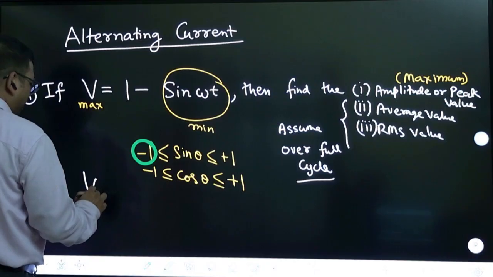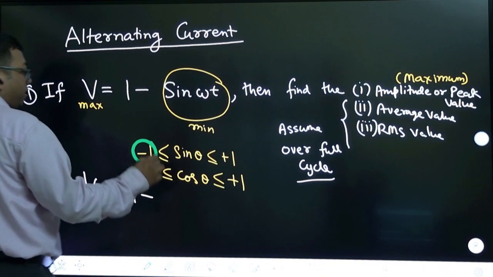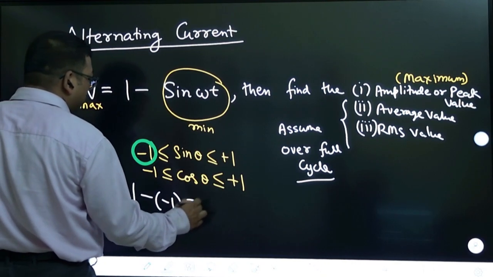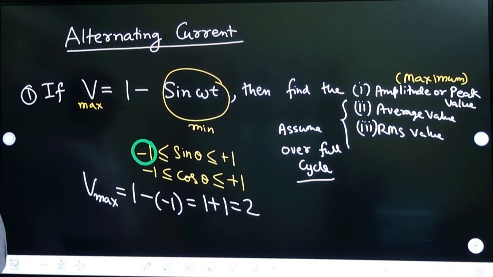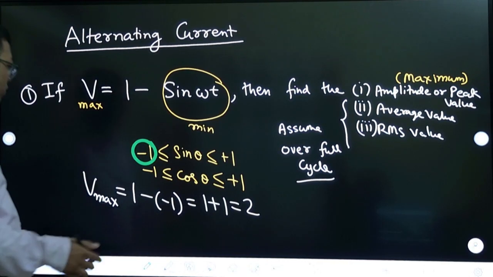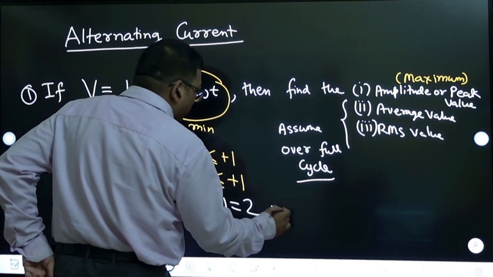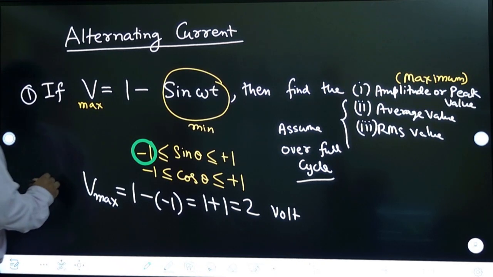The maximum value of voltage is 1 minus of minus 1. That means it has become 1 plus 1, that has become 2. That is the answer. So the first answer is 2 volt. The unit is of course volt. So we got the answer for the first one.